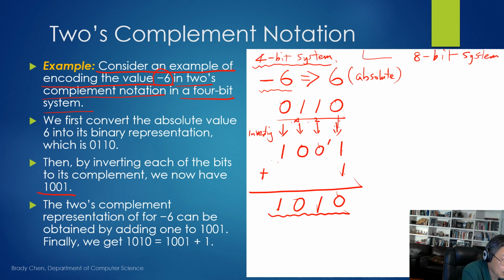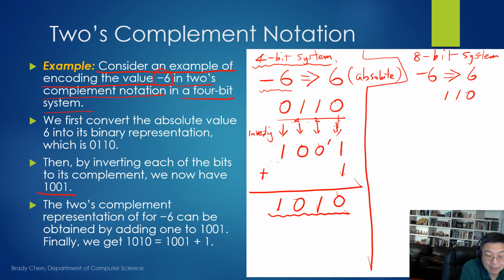Let's take a look at this. The absolute value of -6 is 6. So it's 1, 1, 0, right? Remember, that's the binary representation for 6.